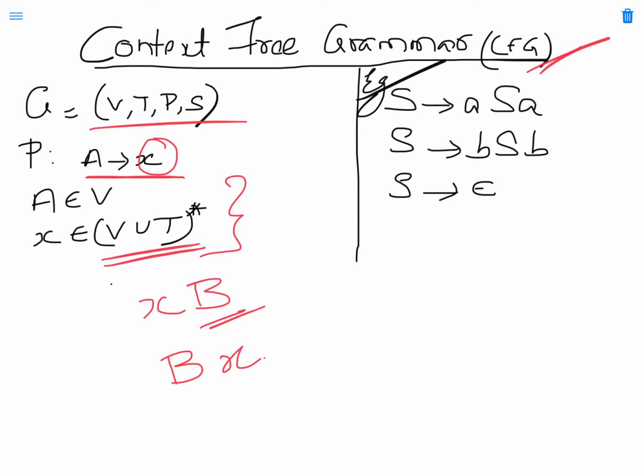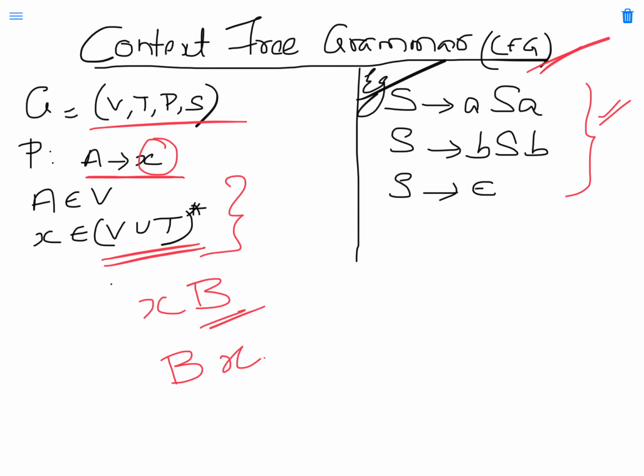A star notation is used, which means that epsilon can also come on the right-hand side. Here is an example: the set of productions S gives ASA, S gives BSB and S gives epsilon, and you need to derive strings from the grammar. This set of productions can be considered a context-free grammar.